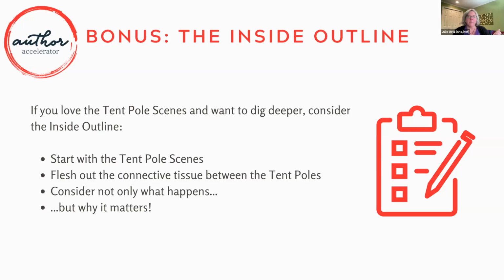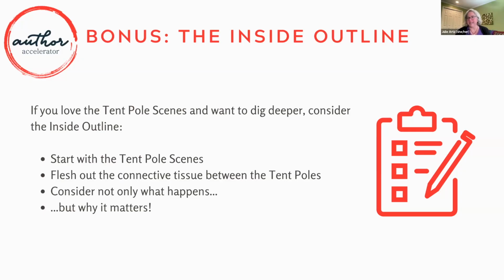When you do the first round of your tentpole scenes outline, or the first round of your messy synopsis, you might just start with the plot. That might be the things that come to mind first. This happens, then this happens, then this happens.